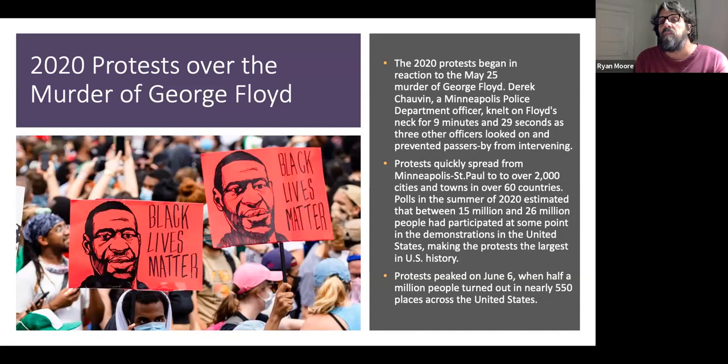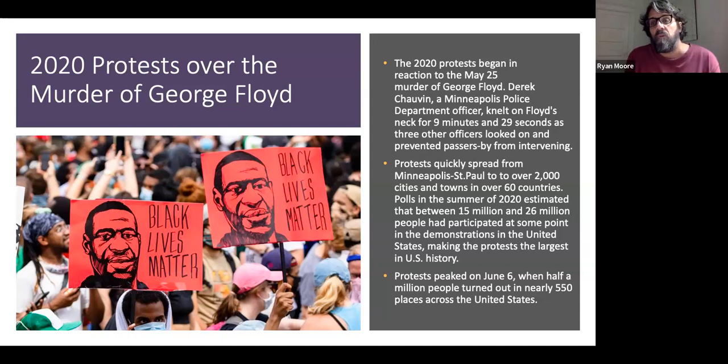And this sets off, depending on how you measure it, really the largest wave of protest ever seen in American history, and in some sense, around the world too.